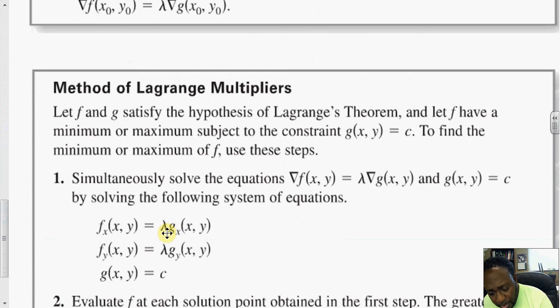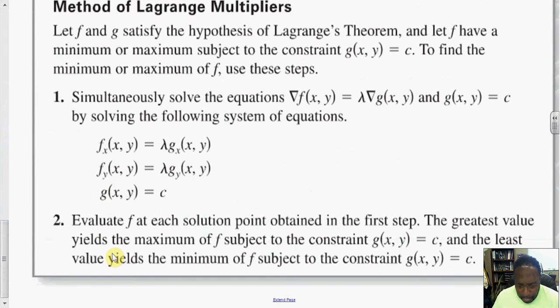And then you look at the constraint equation itself, g of x, y equal to c, plug in those values from the first two parts, to be able to solve for x and y.